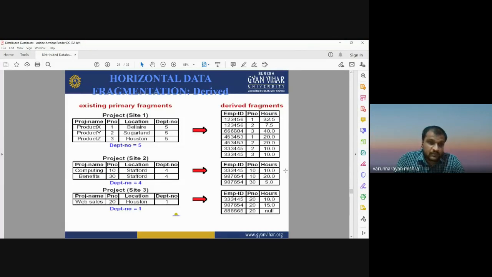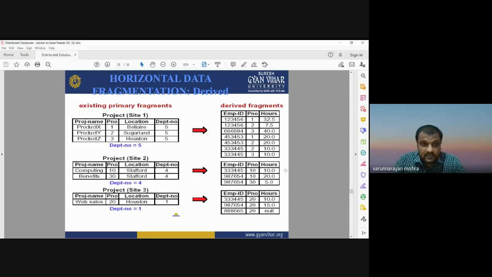Then project site 2 has the project name, and on the basis of the project name or P number we may have a separate fragmented table derived from the existing table. And the third table is also derived from the existing table, that is project site 1, which has only the data of department number 1. So this is the way we can perform the horizontal fragmentation, either primary or derived.